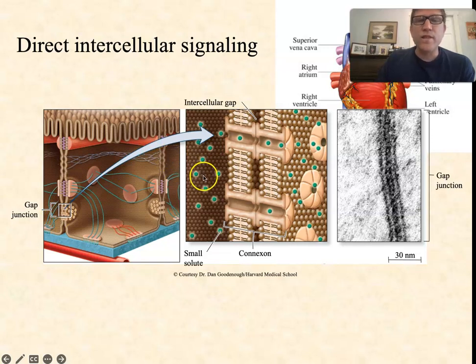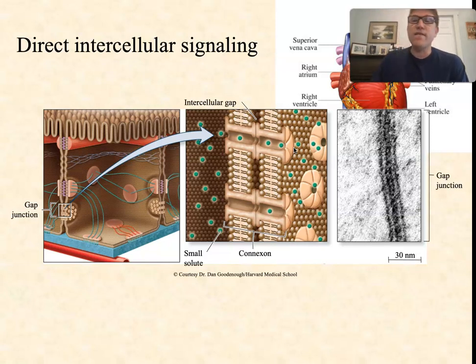That gap junction then allows a small dissolved signal, something like an ion, for example, to diffuse from one cell across the gap junction into the cytoplasm of the receiving cell. The 2 protein channels, if you will, that come together are referred to as a connexon.